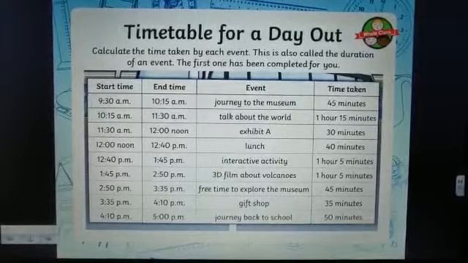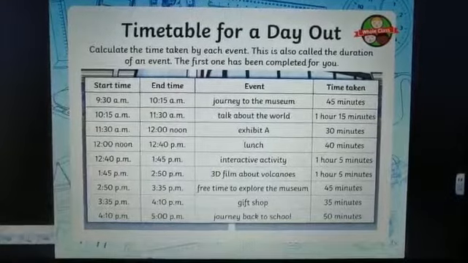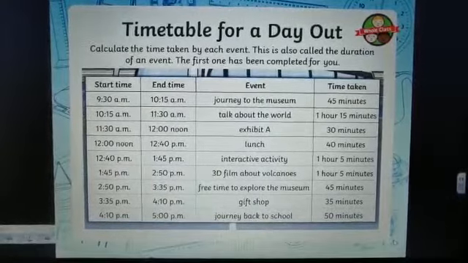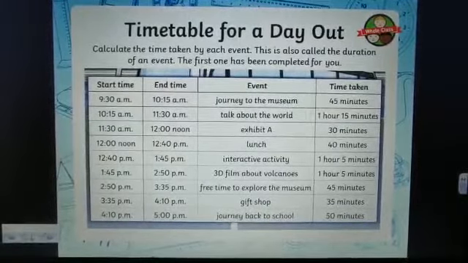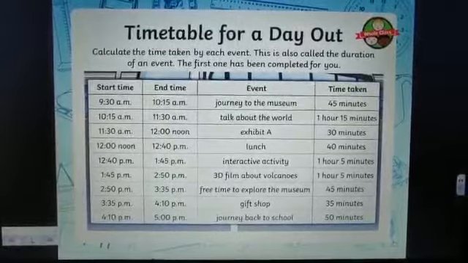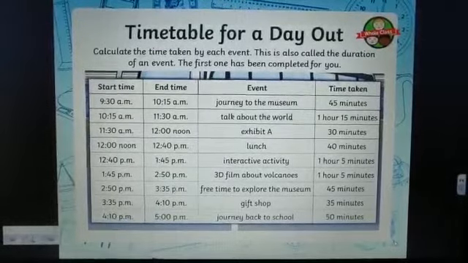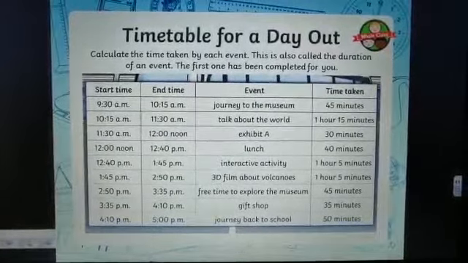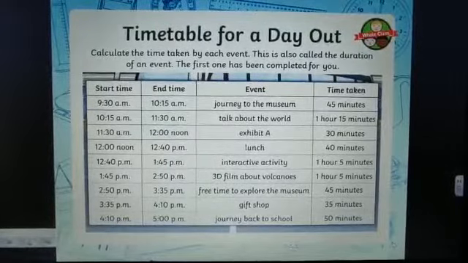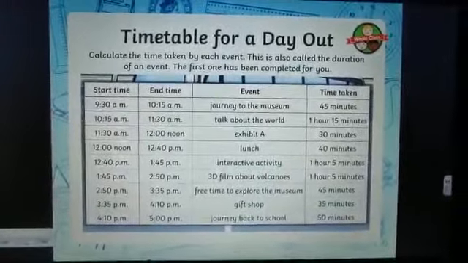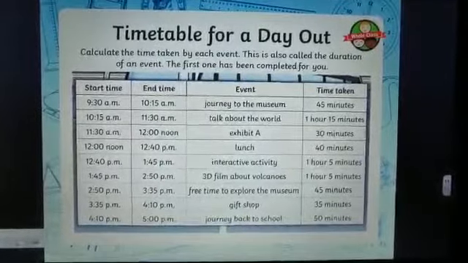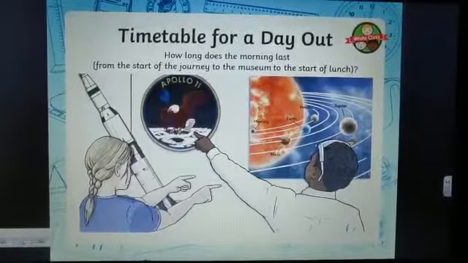So we know that there are 60 seconds in 1 minute and there are 60 minutes in 1 hour. So I can't just use the column method, because first of all I need to make sure they're all in the same unit of time, and also once I reach 60 I don't go up to 61, I have to convert it into the next unit of measurement. So let's give that a practice.